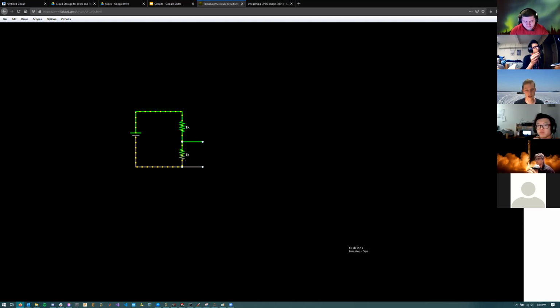These are 1K resistors, and a 10 volt supply. Does anybody know? I'm getting messages, chat. 5 volts from Johnny and Ethan. Yeah, it's 5 volts, right?